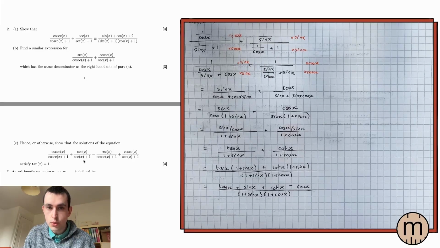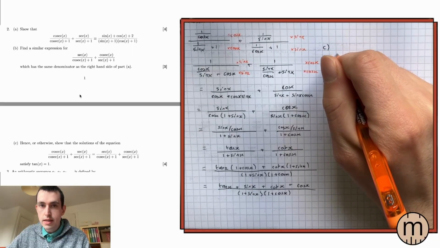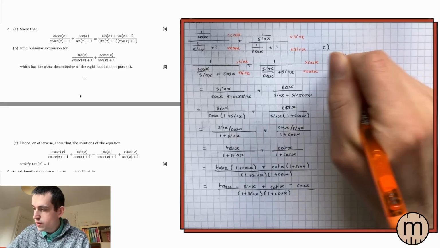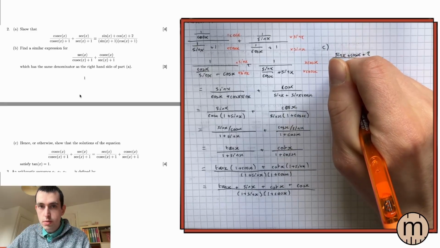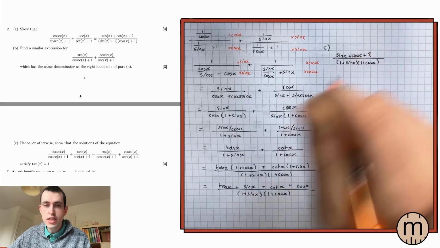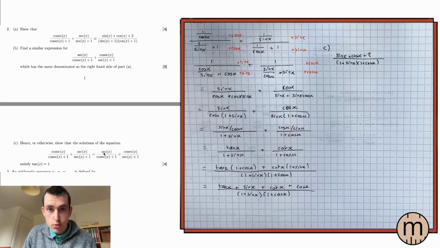What you should notice is that the left-hand side is exactly the same as part A. So the left-hand side is going to be the same as sine x plus cos x plus 2 divided by 1 plus sine x, 1 plus cos x. Change the order of the 1 and the sine x, doesn't matter too much. And then on the right hand side, what do we notice?